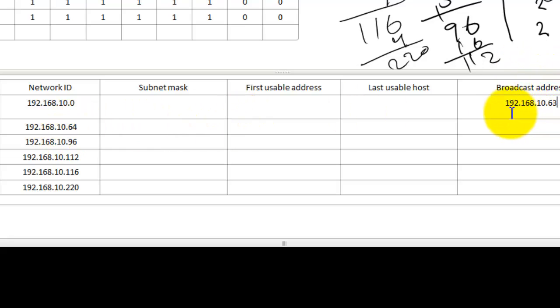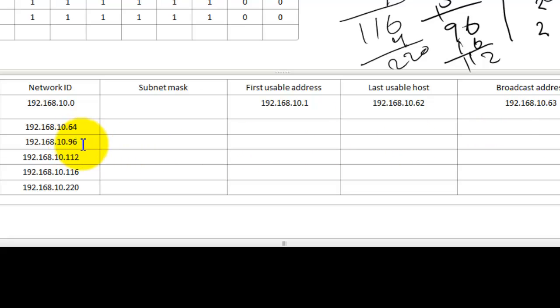So now, the last usable IP, you minus 1 from the broadcast, and it will be the last usable IP for this block, so it will be 62, right? The first usable IP, you add 1 to the network ID, and then you have the first usable IP there, which is 1, right? So now, let's do the second one the same way. The next one is 96.